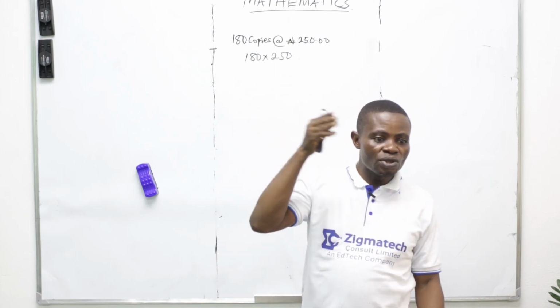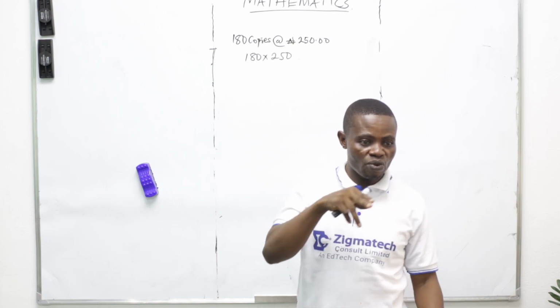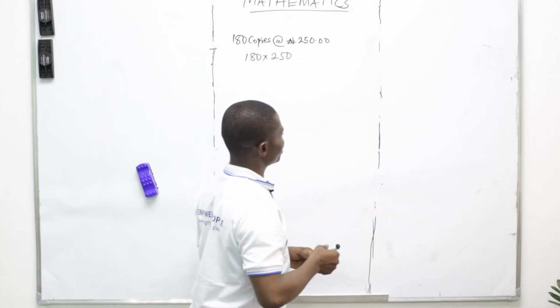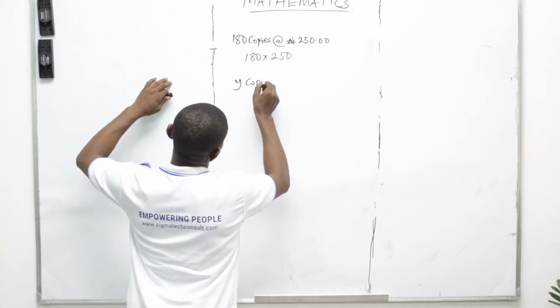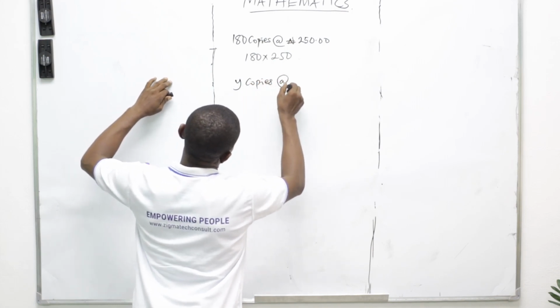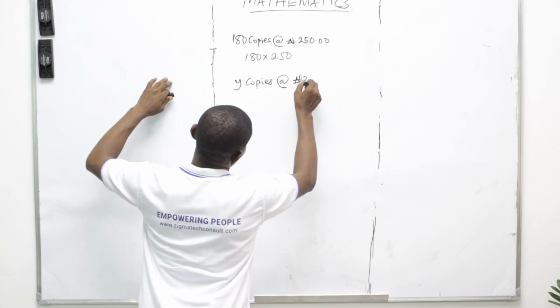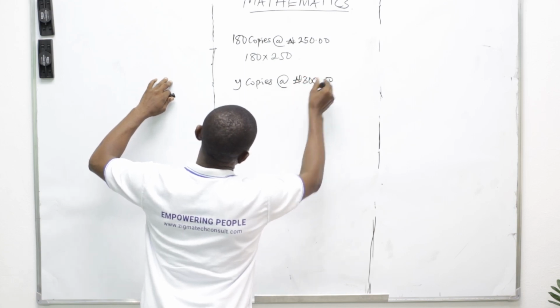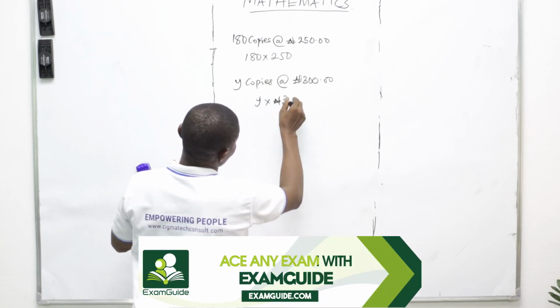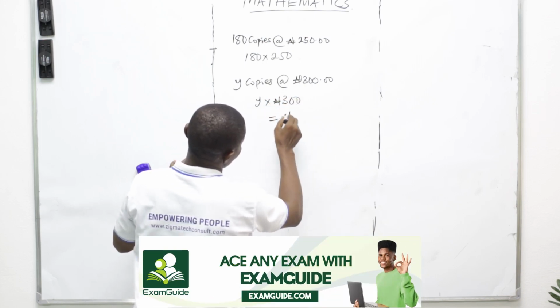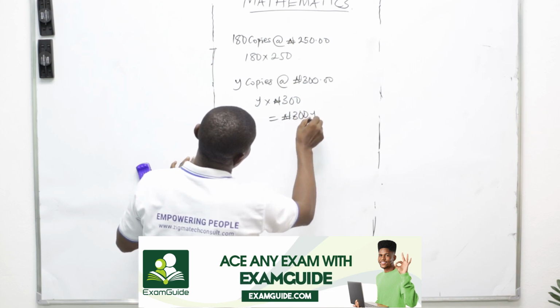Then he sold y copies at 300 naira, meaning y times 300 naira, equals 300y.